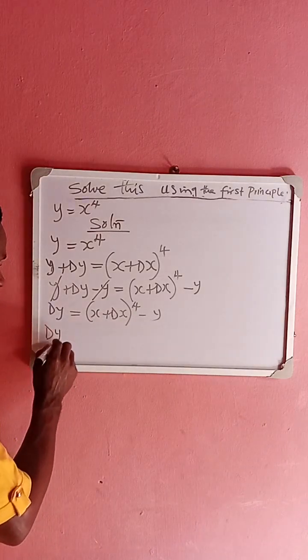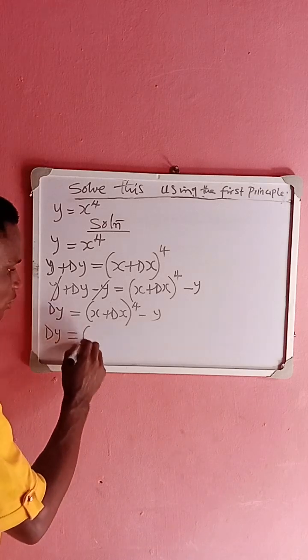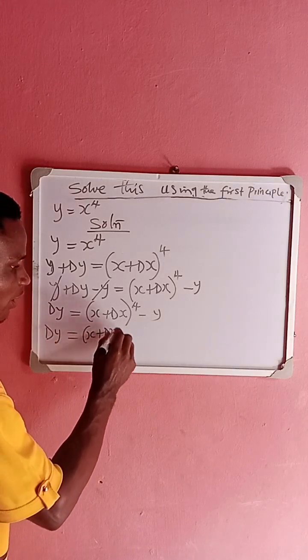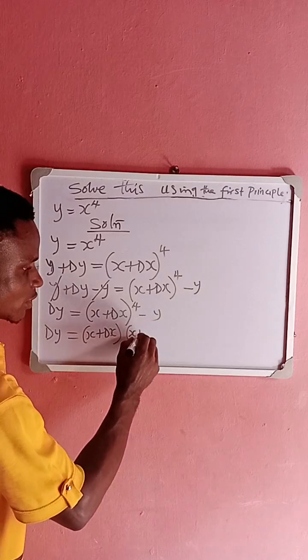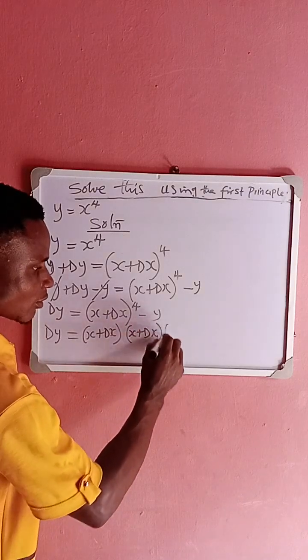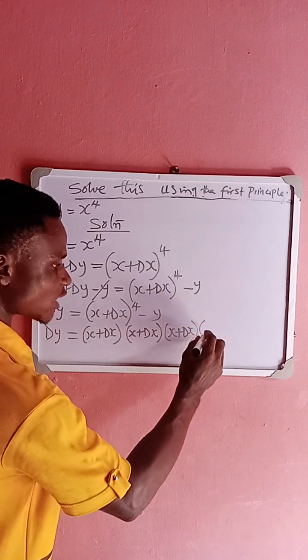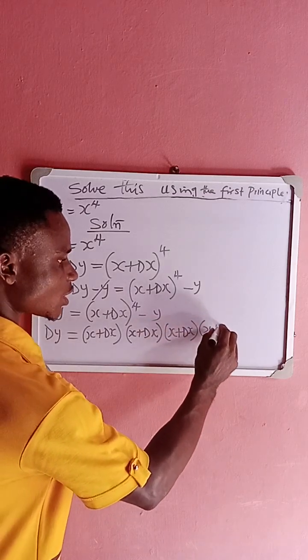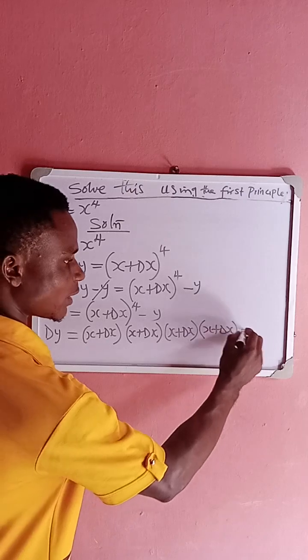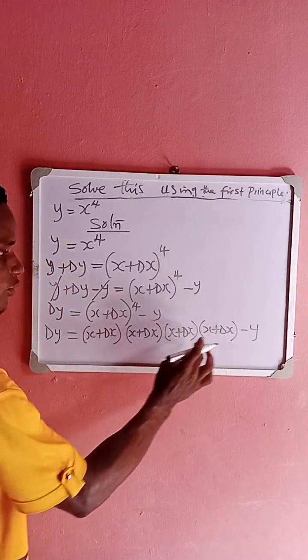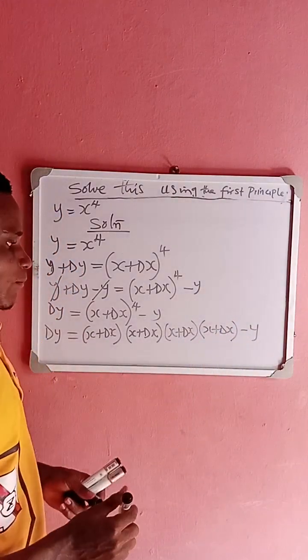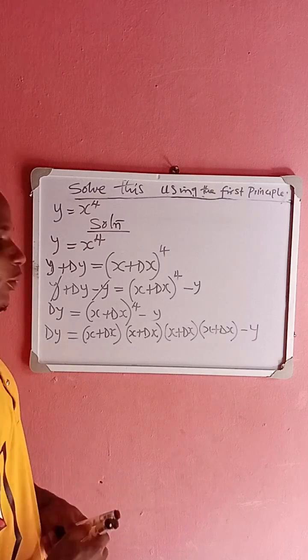Opening it into 4 places, now we have dy is equal to x plus the change that occurred in x, bracket x plus the change that occurred in x, open another bracket, x plus the change that occurred in x, open the last bracket, x plus the change that occurred in x, then minus our y. 1, 2, 3, 4 brackets. Then from here now, what do we have to do?